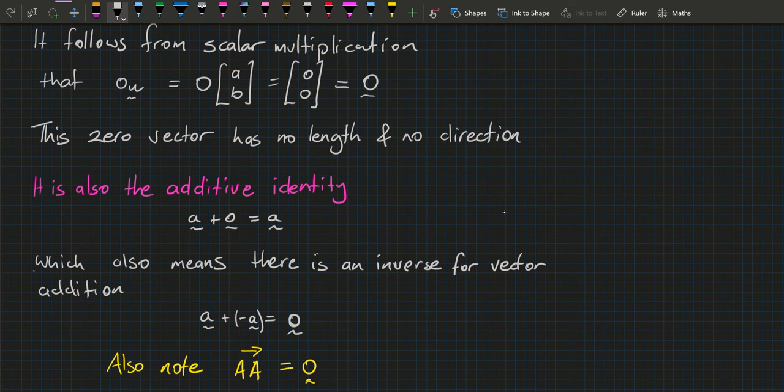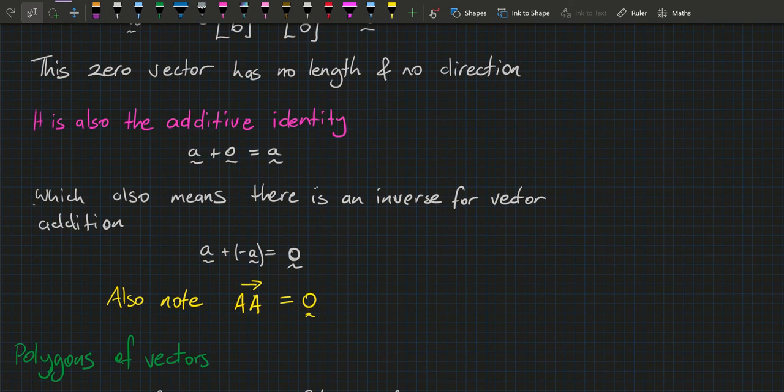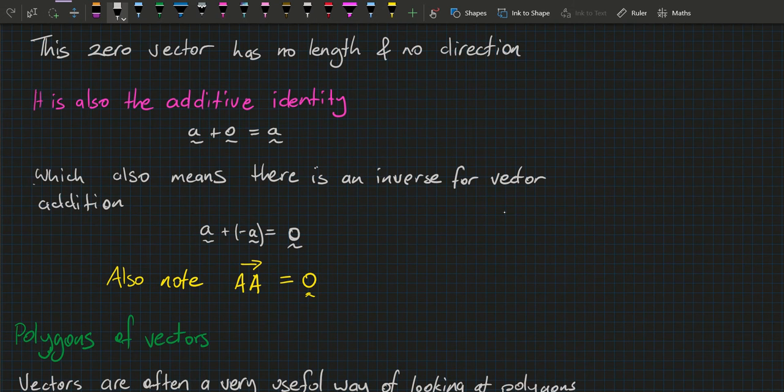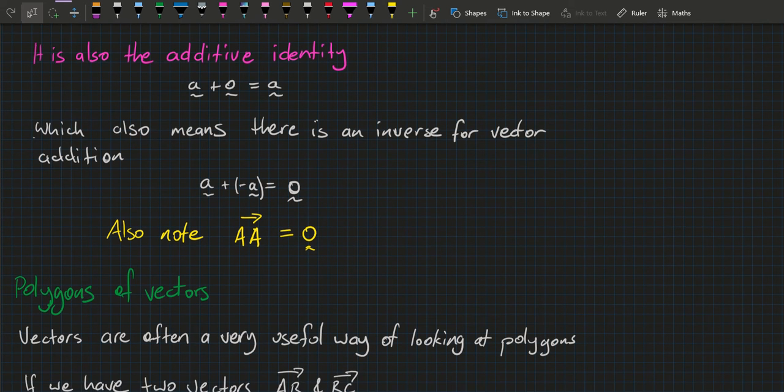So a plus minus a is equal to the 0 vector. Okay, and it also means that any point to itself, the vector is a 0 vector. So you don't go in any direction and you don't travel any distance to stay where you are, in other words.